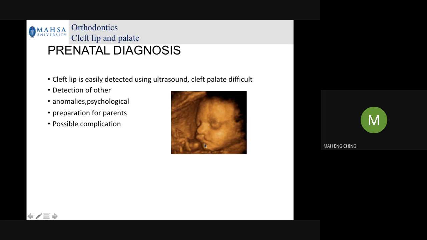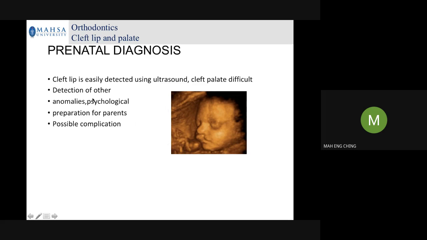Hardly do you see the baby open the mouth. So it is difficult to see whether there is a cleft palate or not. But you can see if there's a cleft lip. Sometimes if the hand covers the head or the lips, then maybe you cannot see. That's why sometimes you cannot see whether the baby is female or male, because they are covering the important part with the hands or with the limbs.